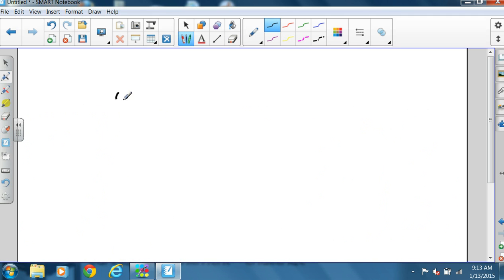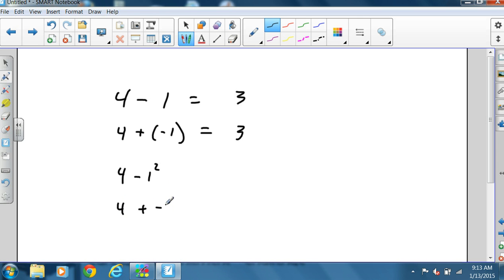Alright, so now the issue is I've got 4 minus 1, and I've got 4 plus minus 1. And in the first case I have 3, in the second case I have 3. Seems reasonable. Now I've got 4 minus 1 squared, and I've got 4 plus minus 1 squared.